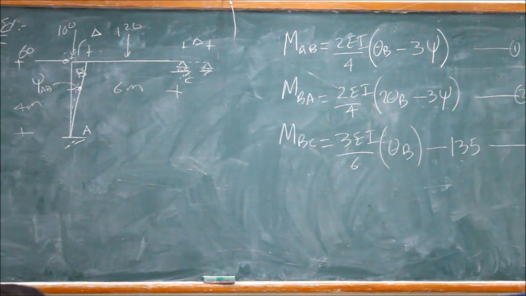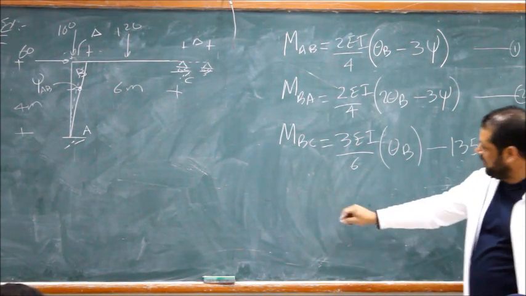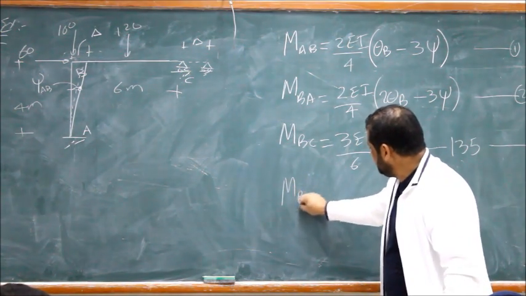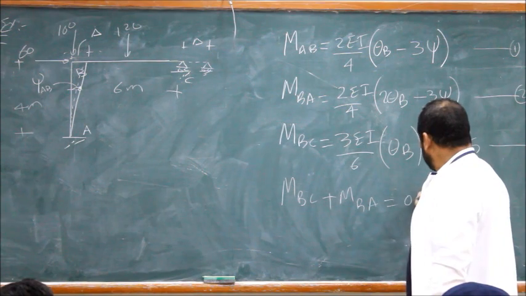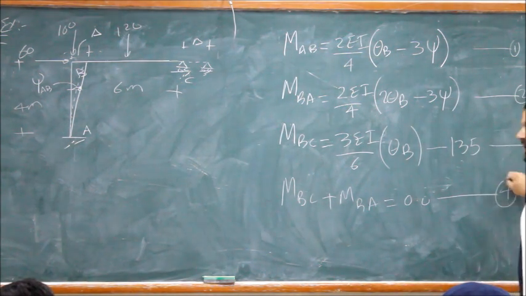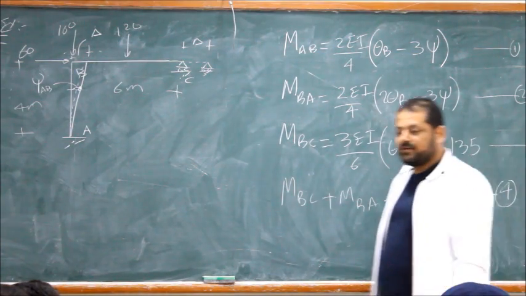Unknowns now? Sway. So how many equations do we have? 3. How many unknowns? 5. So we have one, we know MBA plus MBC equals 0. I still need one more equation. What?